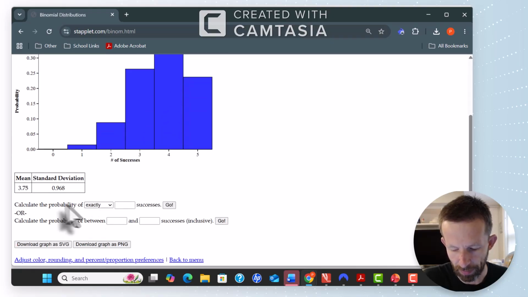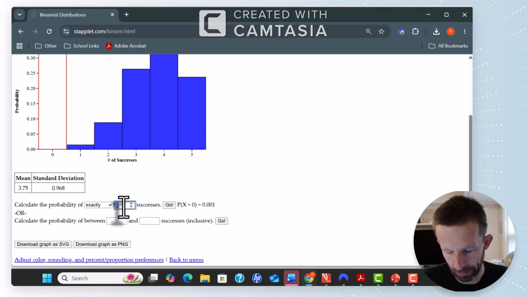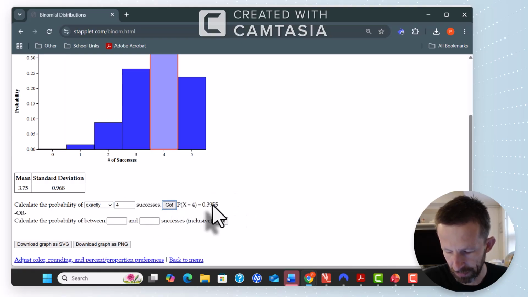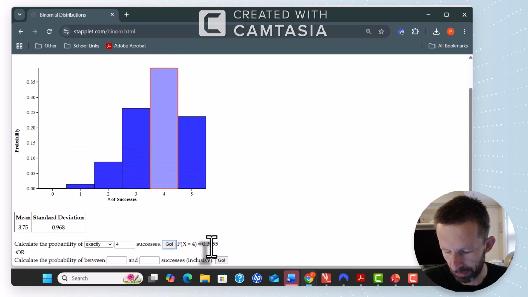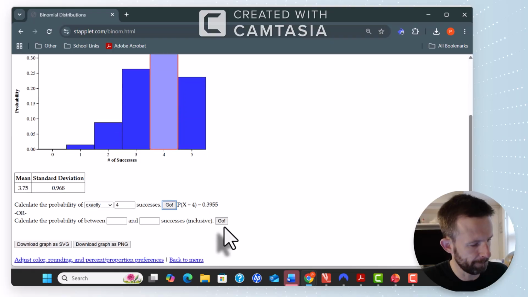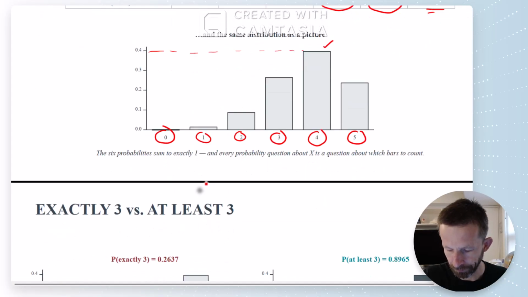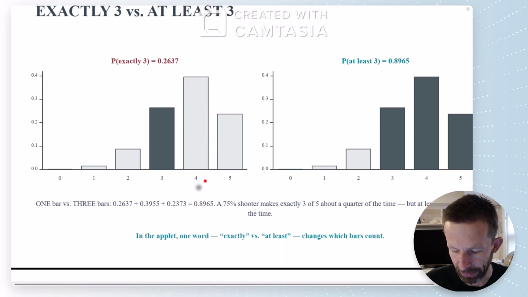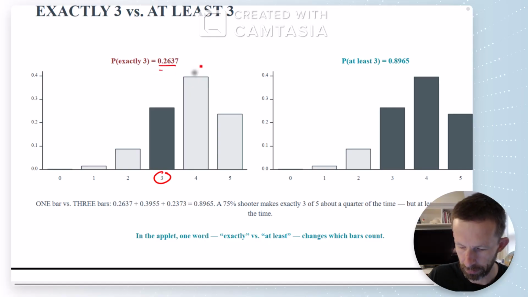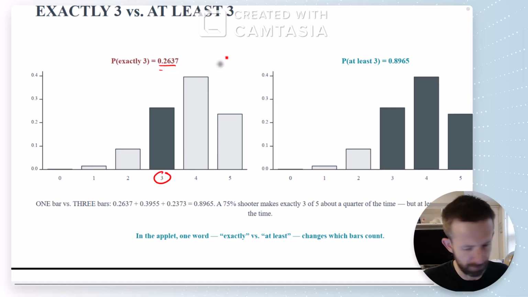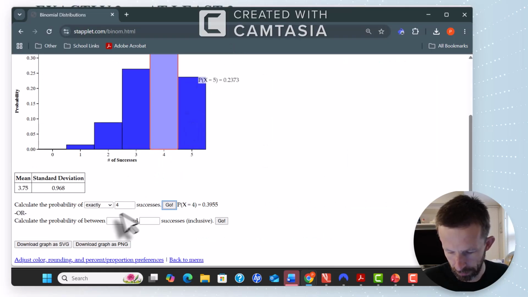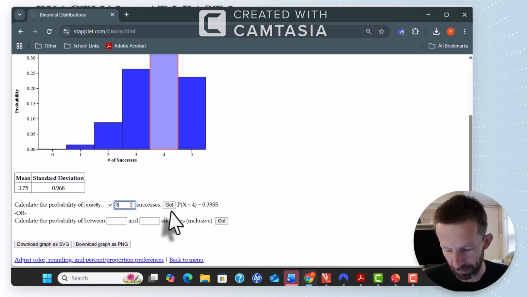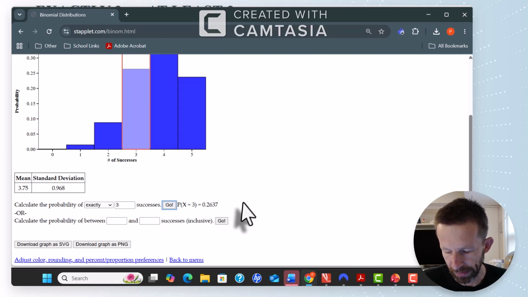If I wanted to know the probability that she hits exactly 4 out of 5, this would be 0.3955. All right. So the probability of hitting exactly 3 out of 5, let me see, exactly 3 out of 5 would be 0.2637.